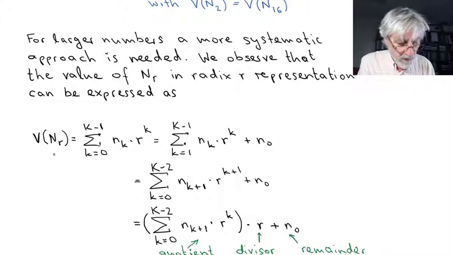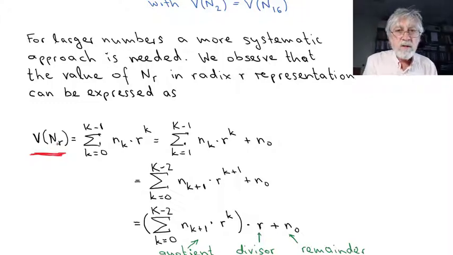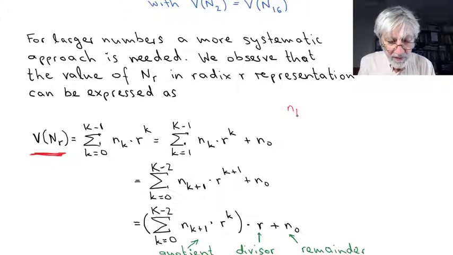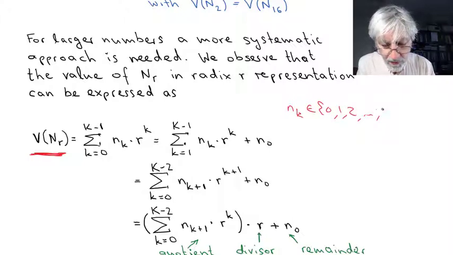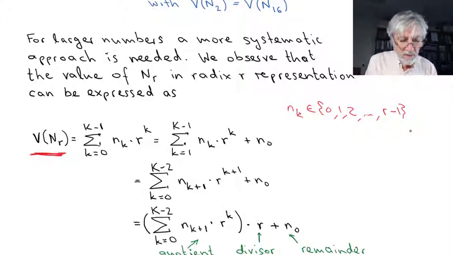Now, if we go back to the formula of how we evaluate the value of a number in Radix R format, it is the sum from k equal to 0 up to capital K minus 1. So that's for a K-digit number. N sub k times r to the k, so n sub k is the actual digits, and as we know they are in 0, 1, 2, up to r minus 1, if it's a Radix R number.